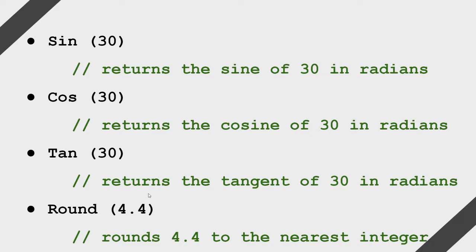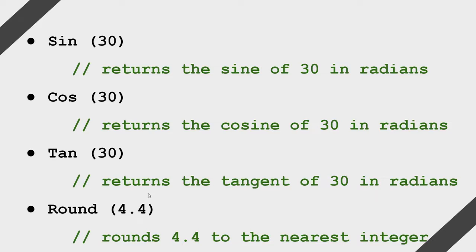So for some other types of operations that involve sine, cosine, and tangent, it's also possible in JavaScript Math. For the first example, which is sine 30, this would return the sine of 30, but not in degrees. It will return the sine of 30 in radians.